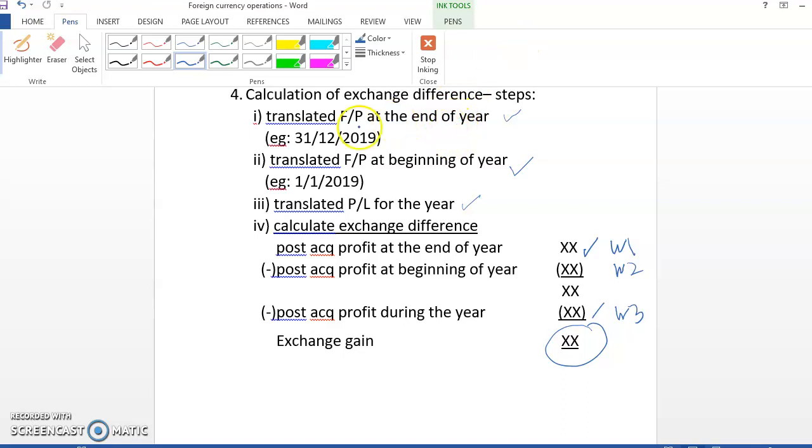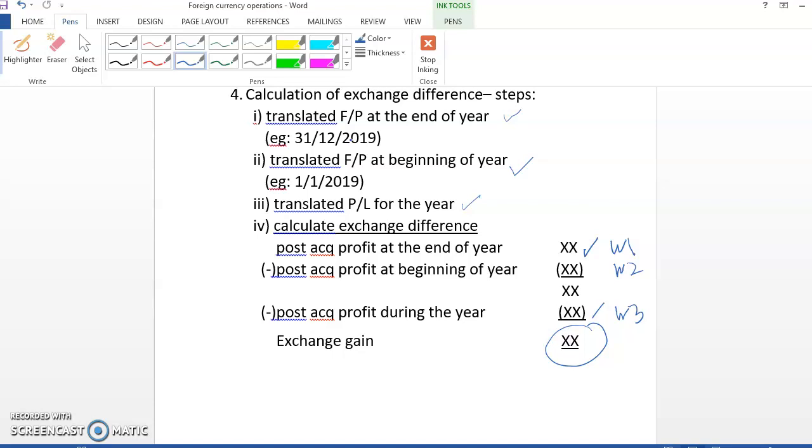The first one, we translate the financial position at the end of the year. If you look here in the solution, you have 3 columns: Z00, rate, and RM. You are copying back from your question. The one that you need to fill in is your rate, which is determined by the method.